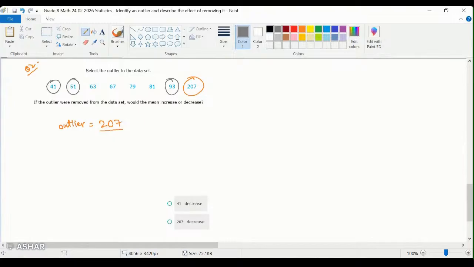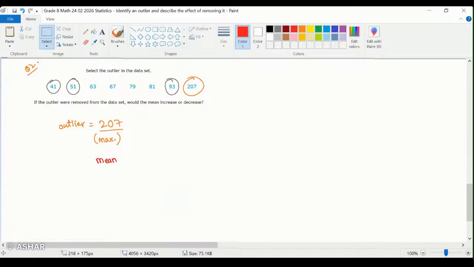If the outlier is the maximum number, then the mean should, let's suppose these two options were not given to us. What should happen to the mean?